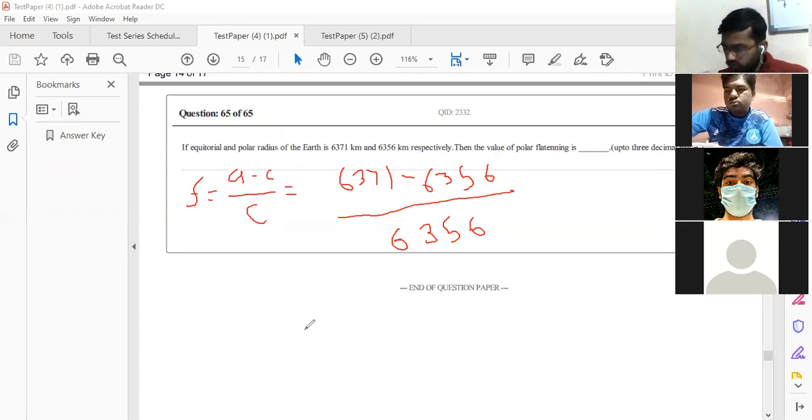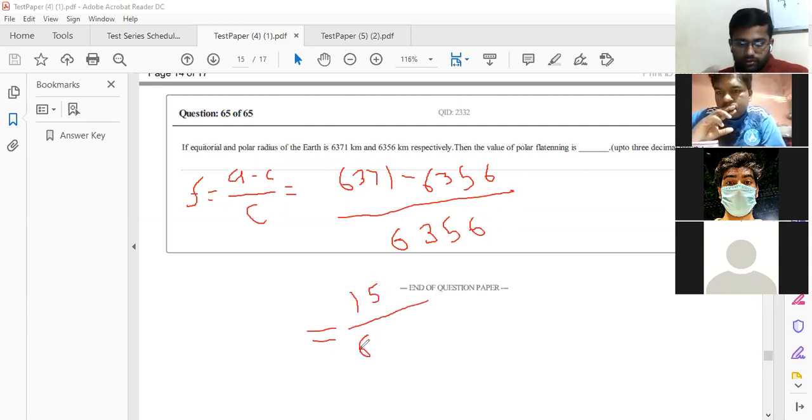So if you solve this, you will get 15 divided by 6356, which gives 0.002.